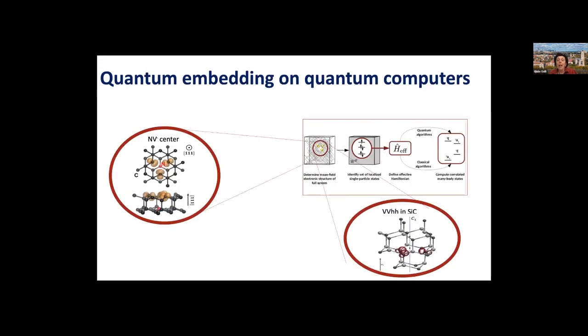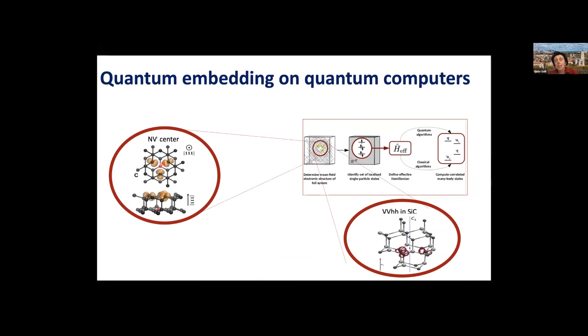So now we have our effective Hamiltonian, and I have just presented results to you for an effective Hamiltonian that was diagonalized with full CI on a classical computer. Can we do a calculation on a quantum computer? Why would we want to do that?